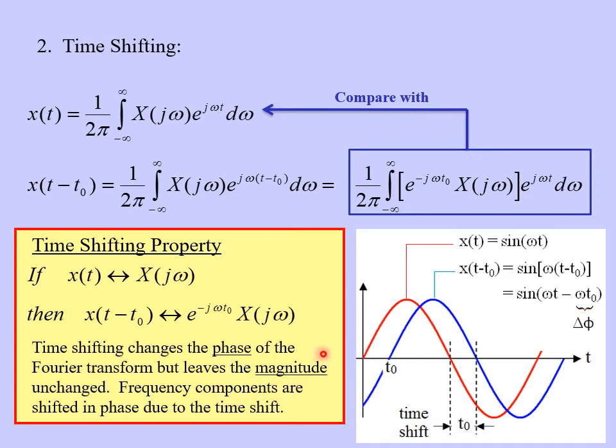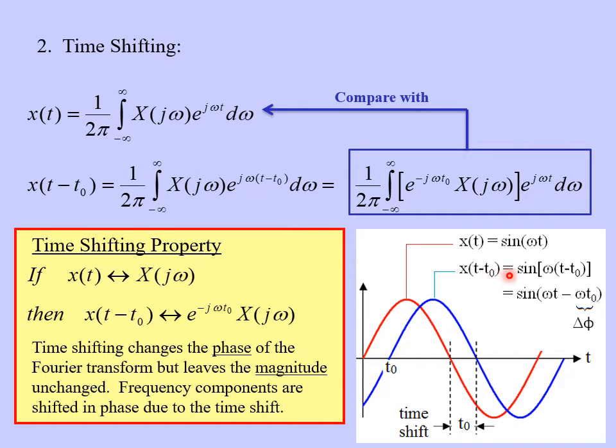One way to try to visualize this, because I realize a lot of this is a bit abstract: if we start out with a red sine function here that I drew, sine of omega t, that's x of t. Then for x of t minus t naught, we just shift this over to the right because it's delayed by t naught.